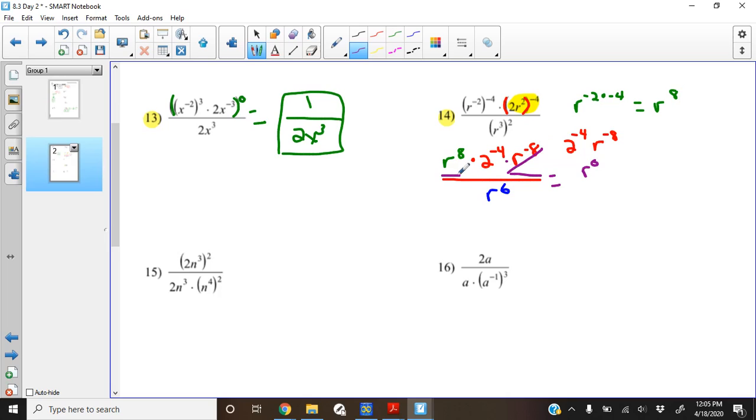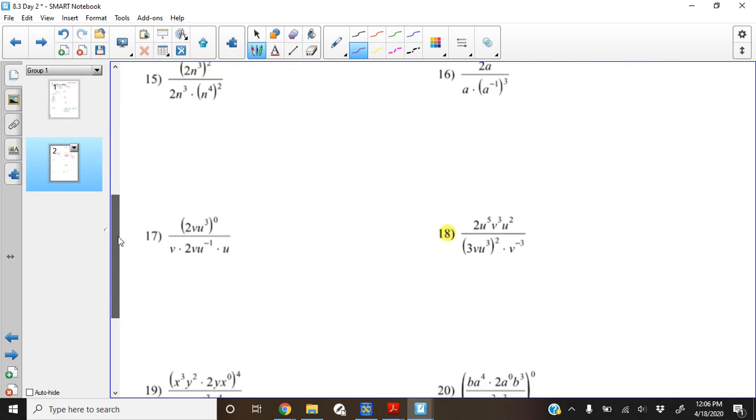So basically, those cross out, and you are just left with 2 to the negative 4 over r to the 6. Sorry, that's awful looking. Let me erase that. Okay, and that is our final answer for now. Again, we'll take care of those negative exponents at our next lesson.